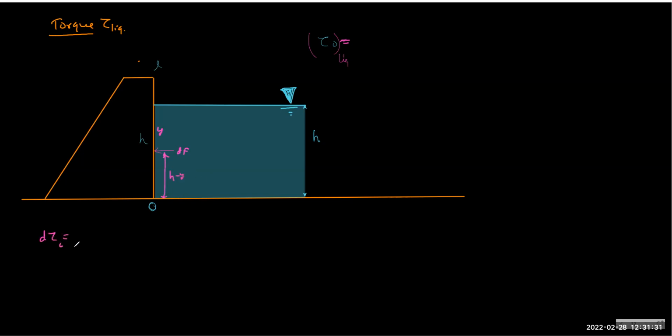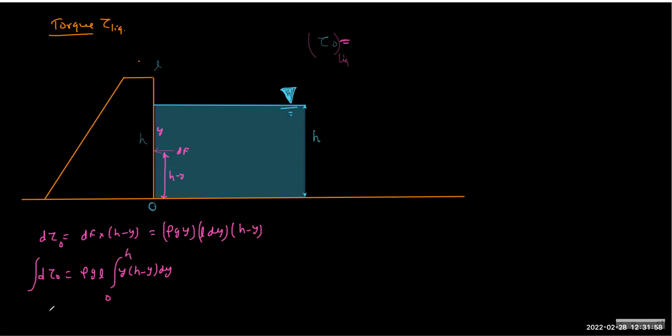So d tau about O equals dF into h minus y. And dF is rho gy, which is the pressure, into the area, which is L dy, into h minus y. So rho gL y into h minus y into dy, and then we integrate from 0 to h to get the net torque.